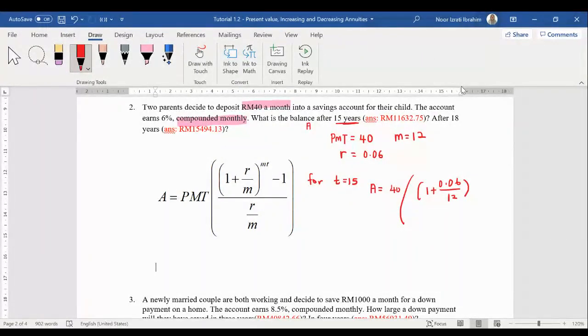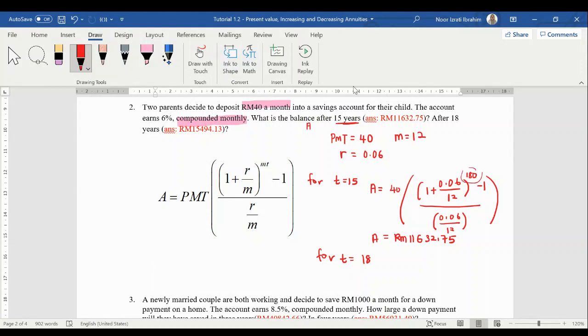Yes, 180, minus 1 divided by R over M, 0.06 over 12. So here the A will be equal to 11,632 ringgit 75 cents. And for T equals 18, you just need to change this.